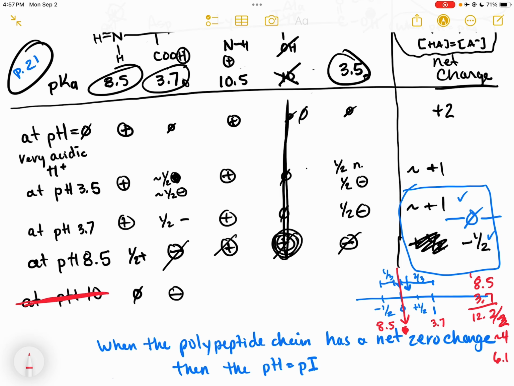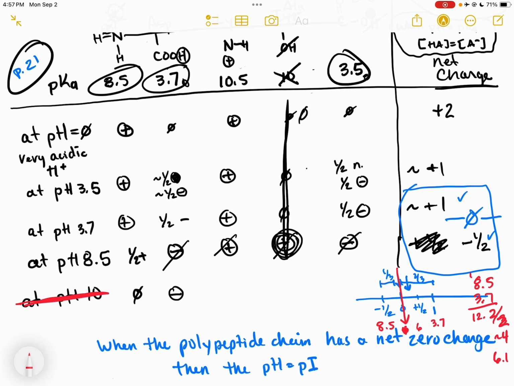Where would this be? What is your guess? 3.7 is somewhere near 4. 5, 6, 7, 8.